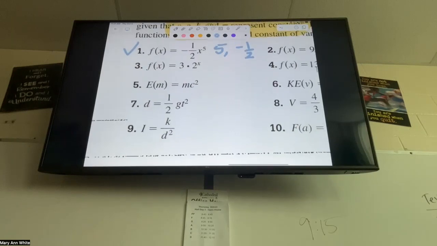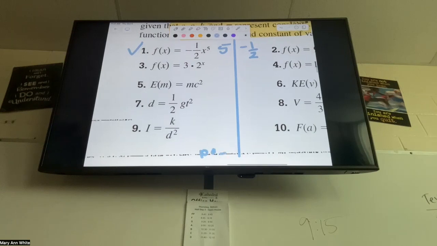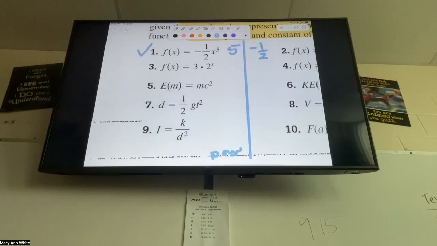I might even set myself up with a little bit more organization. And this is my power. And this is my constant.